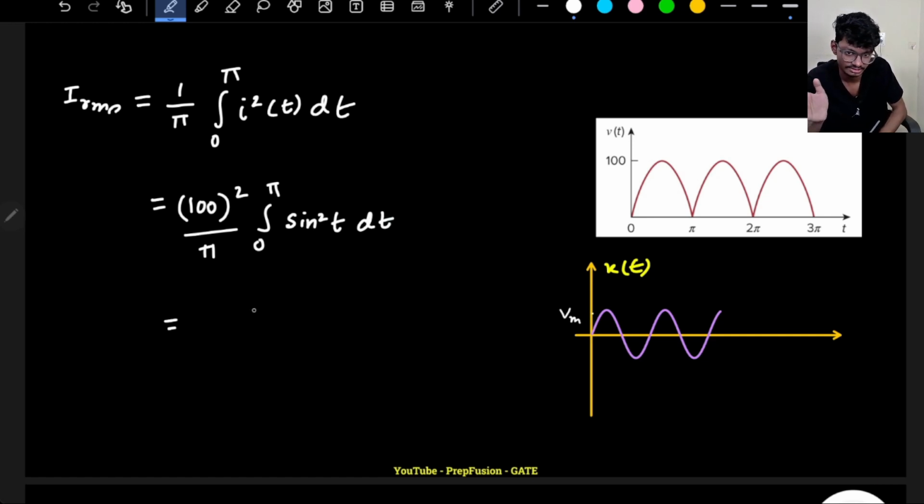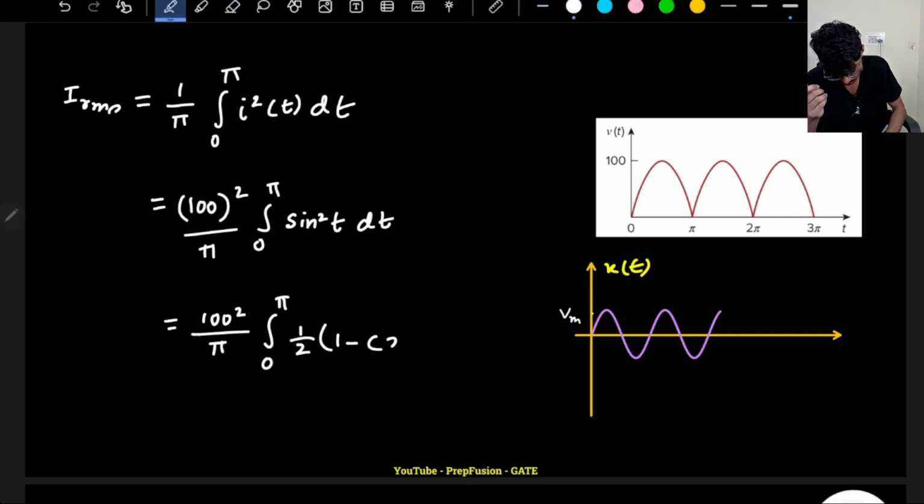Again, you can convert this sine square t into your normal cos 2 omega t formula. So this will be 100 square divided by pi, integral 0 to pi, of 1 by 2 times (1 minus cos 2t) dt.